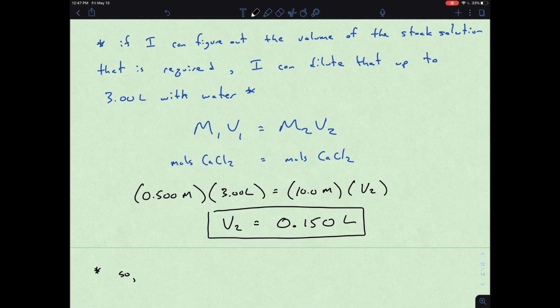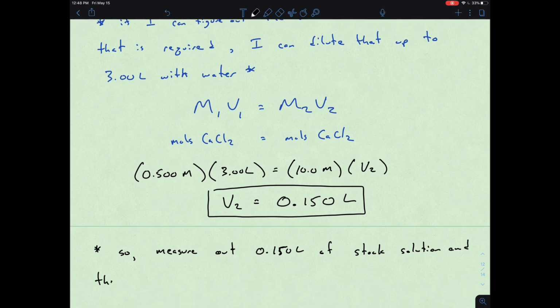So basically, you measure out 0.150 liters of stock solution, and then dilute up to 3 liters with water.